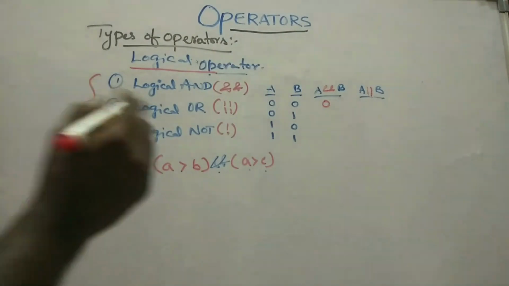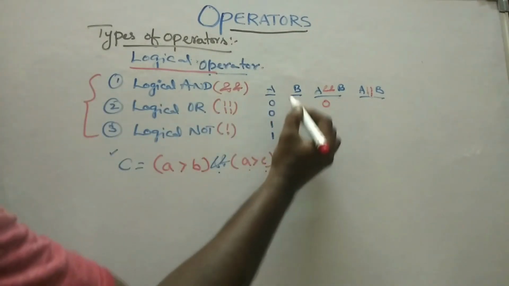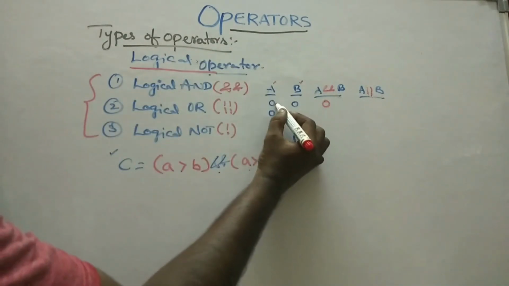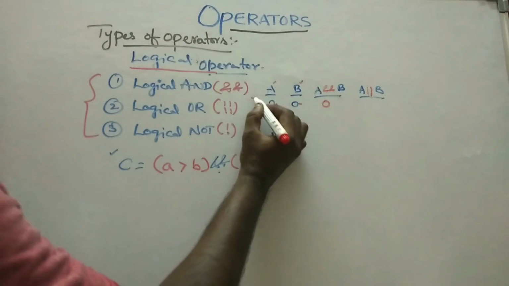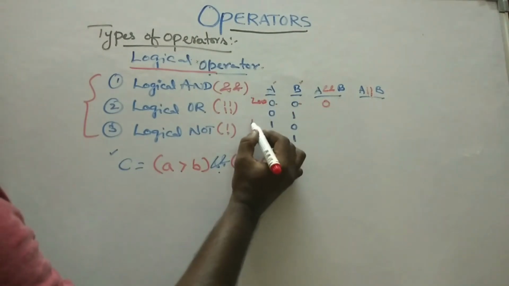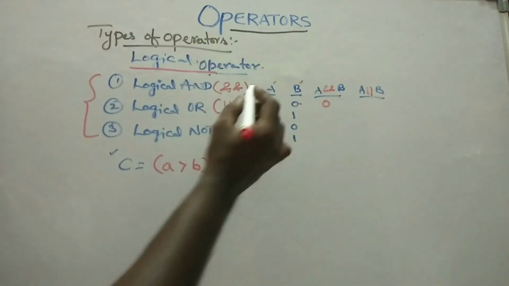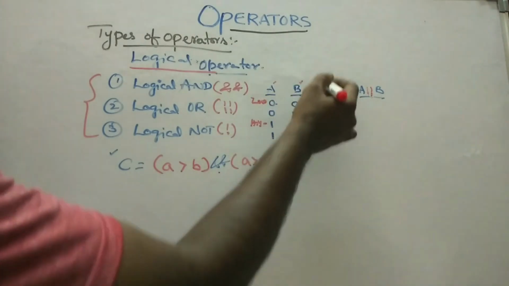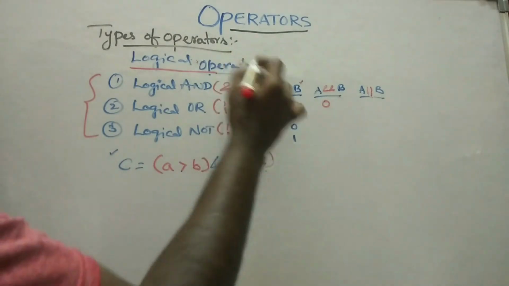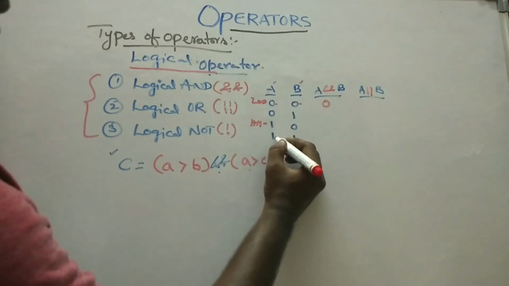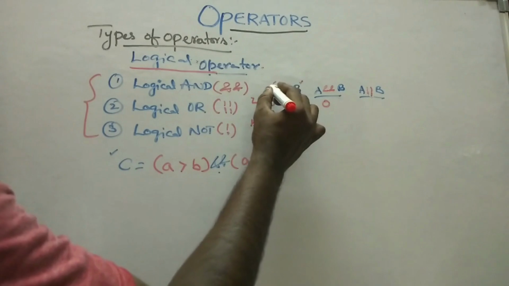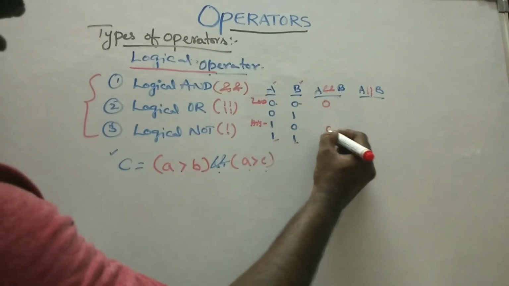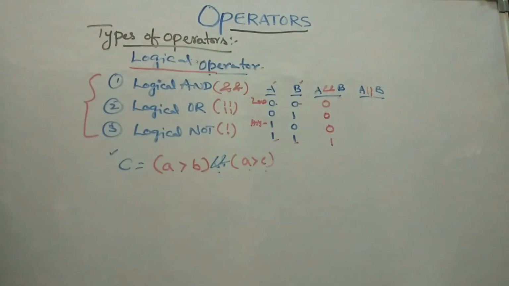When both inputs are low, which is nothing but 0, and high is nothing but 1, right? When both inputs are low, we get 0 for AND. Otherwise we can say simply when both inputs are high, that means A is 1 and B is 1, then the result is 1, otherwise 0.